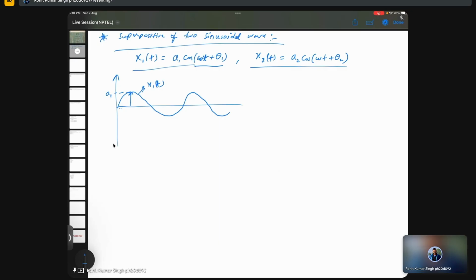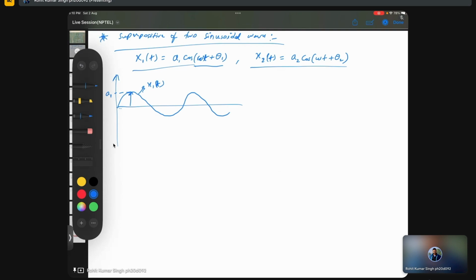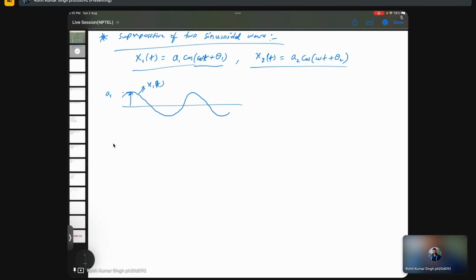Let's shift it with theta 1. Suppose this is a shift, and then you have the second wave which is shifted by theta 2.